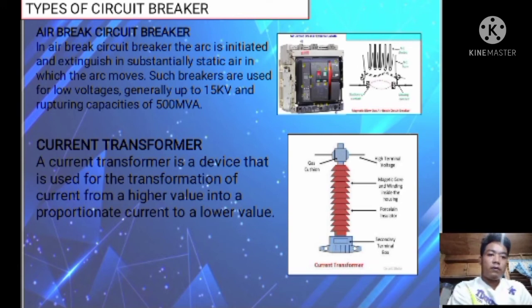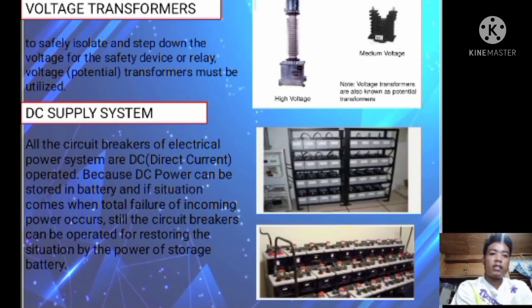So next is the voltage transformer or the potential transformer. Kung kanina is current transformer, yung voltage transformer is to safely isolate and step down the voltage for the safety devices, or really voltage transformer must be utilized.